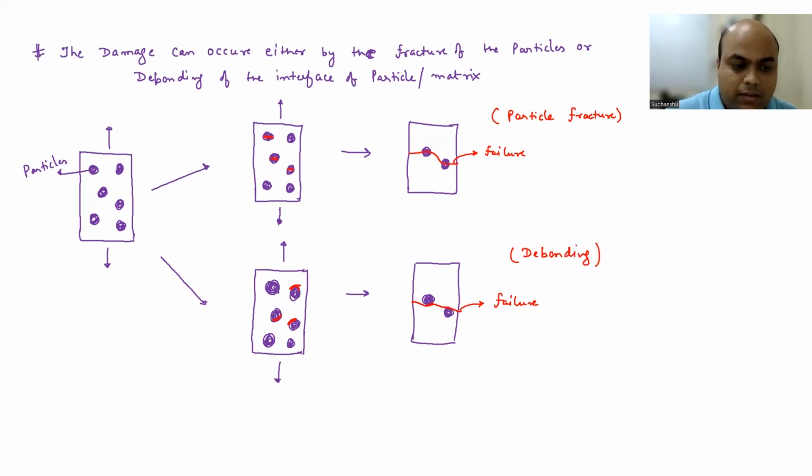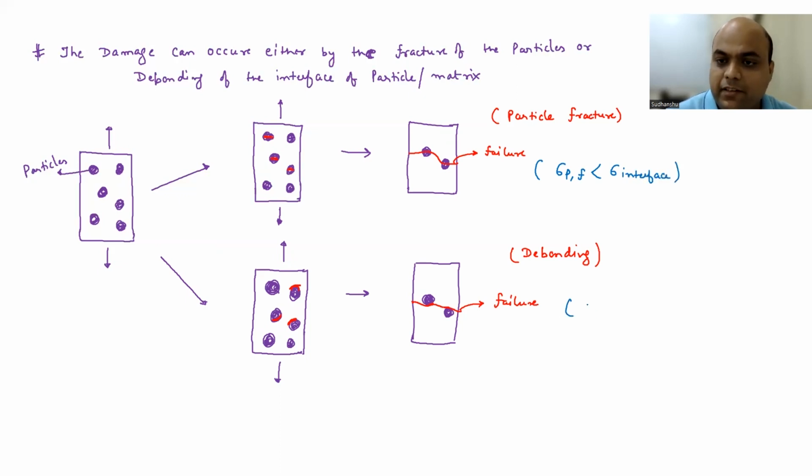Okay. And then in the first case, if you again remember what we had discussed during the formation of voids, particle fracture can happen when the strength of the particle is less than the strength of the interface.